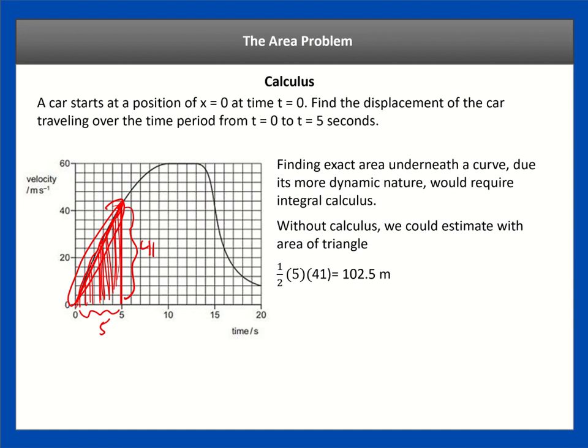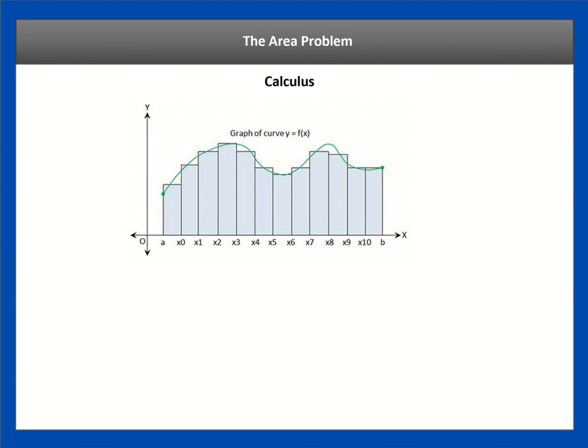So the situation that we're talking about is known as the area problem in calculus, and it's covered by the integral branch. So how does the area problem work? You take any curve f of x, and you can estimate the area under that curve by using basic geometric shapes that you can do with basic geometry, so triangles, rectangles, and so on.